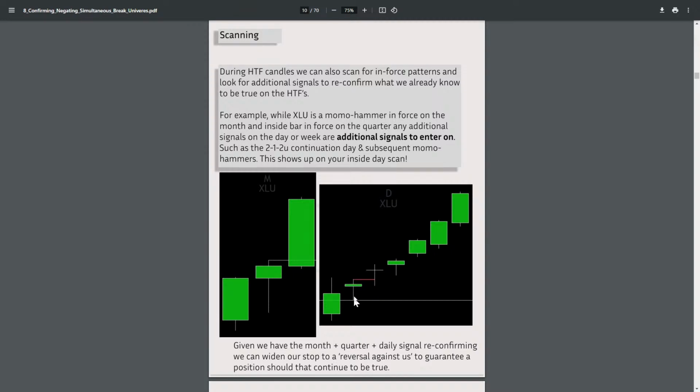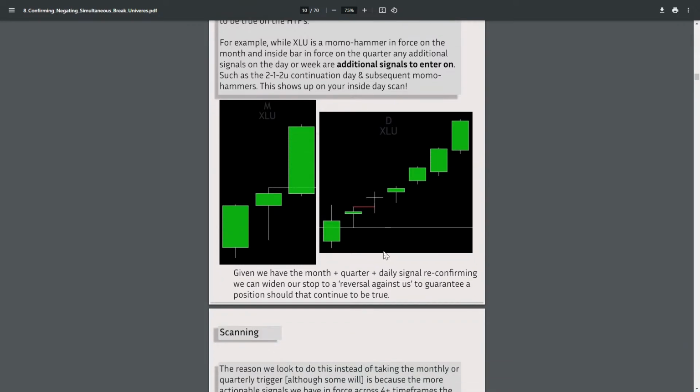So you can see here on the day, remember, this is the monthly Momo hammer, which is shown here, but you have an inside bar on the daily that you can add to that position because we know we have the higher time frames on our side, full time frame continuity. We have every reason to take this. And you can see, by scanning what's in force on the higher time frames, we can then look to the lower time frames to reconfirm the higher time frames.